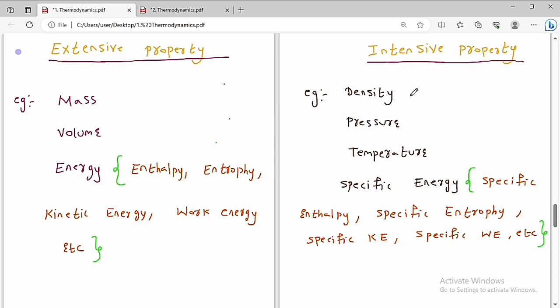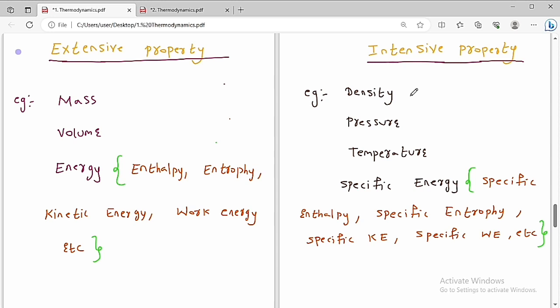No matter how much mass you consider, its density is always constant. Density is the amount of mass per unit volume, and no matter how much steel you consider, the density is the same. So density is independent of the mass, and it comes under the category of the intensive property.